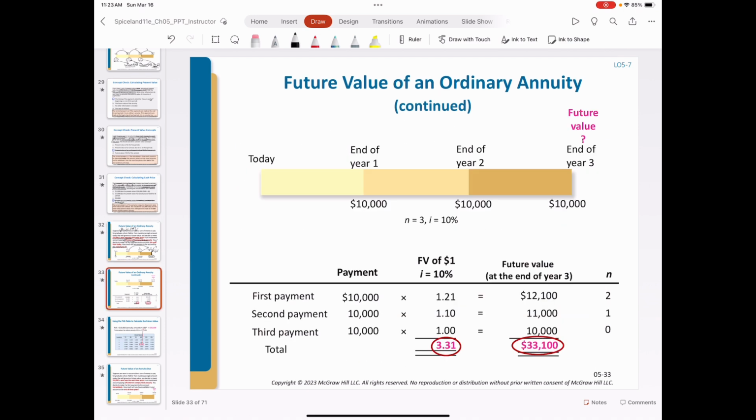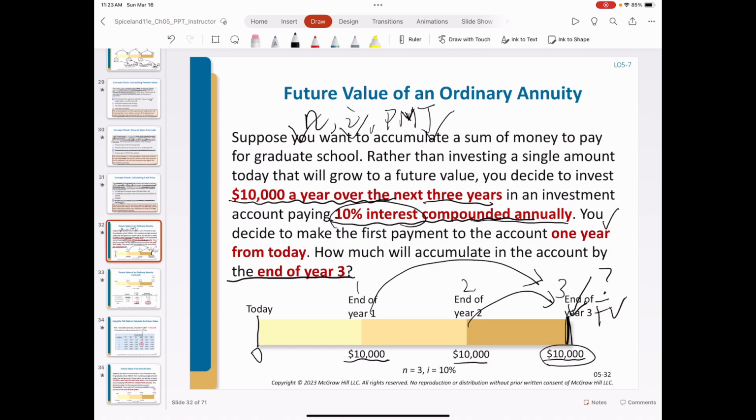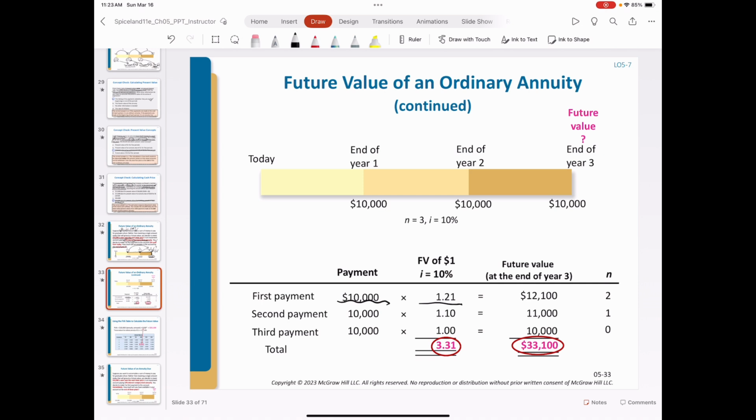The calculation is as follows. The first payment, $10,000, was accumulated for 2 periods. From this time point to this time point, accumulate 2 periods. Well, this cash flow accumulated 1 period. This one, no accumulation.